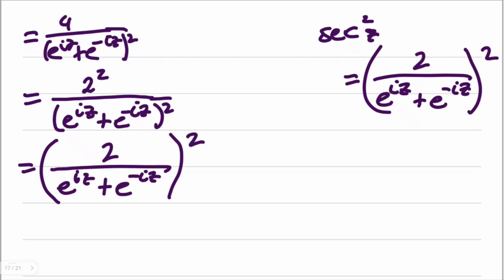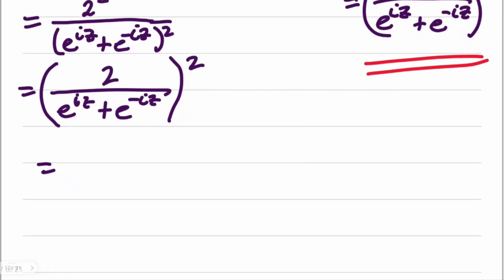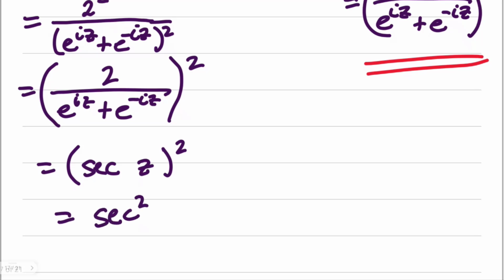Moving or taking out the exponent is just a result of sharing the exponent with our numerator and denominator. And what is this equivalent to? That's actually equivalent to the square of secant z, or secant squared z, in this form.